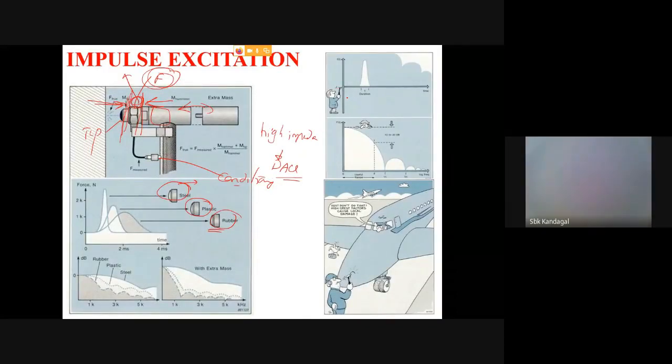So typically, whenever you use a hammer, try to see that the energy doesn't drop by more than 20 dB. Otherwise, for the higher modes, the energy is not sufficient to excite. That's what one can observe here.